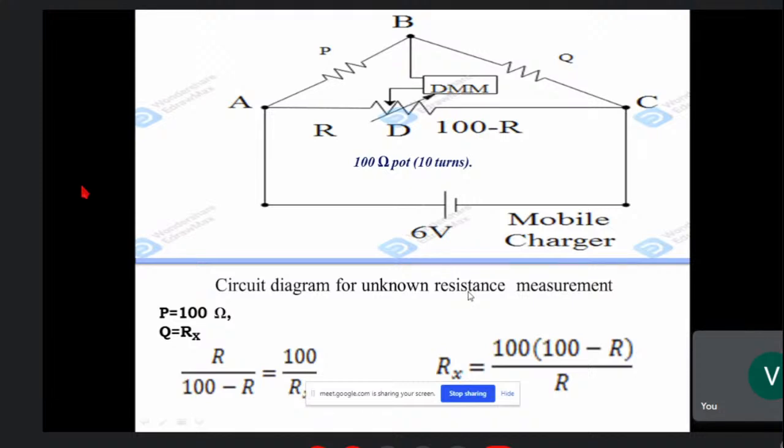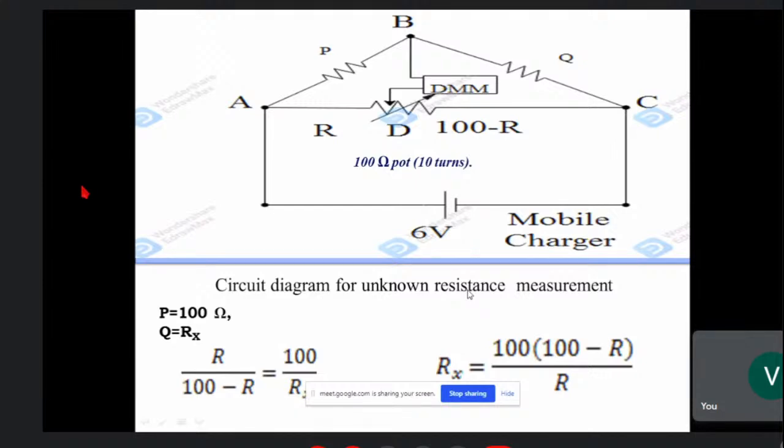I want to give a project for this. Okay, very good. Because there is a potentiometer of huge, 10 meters length of that. Okay, so now let me try to explain.